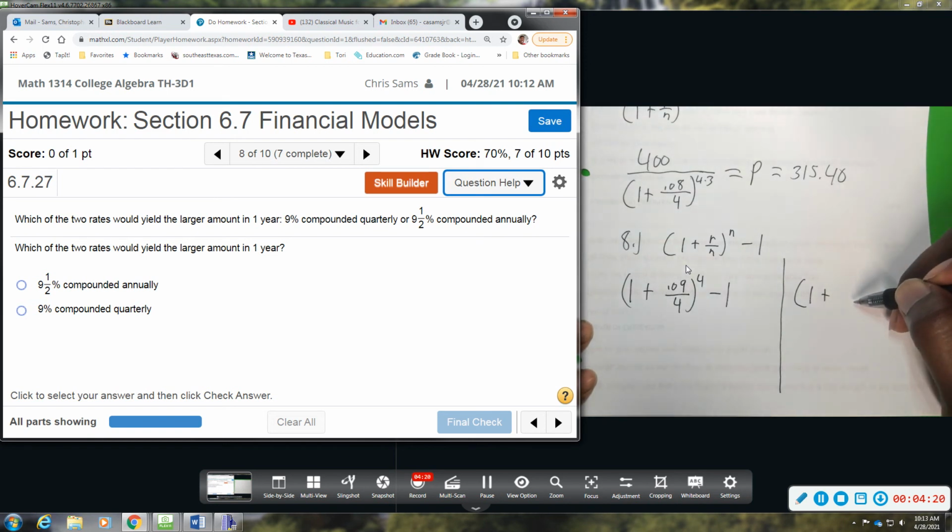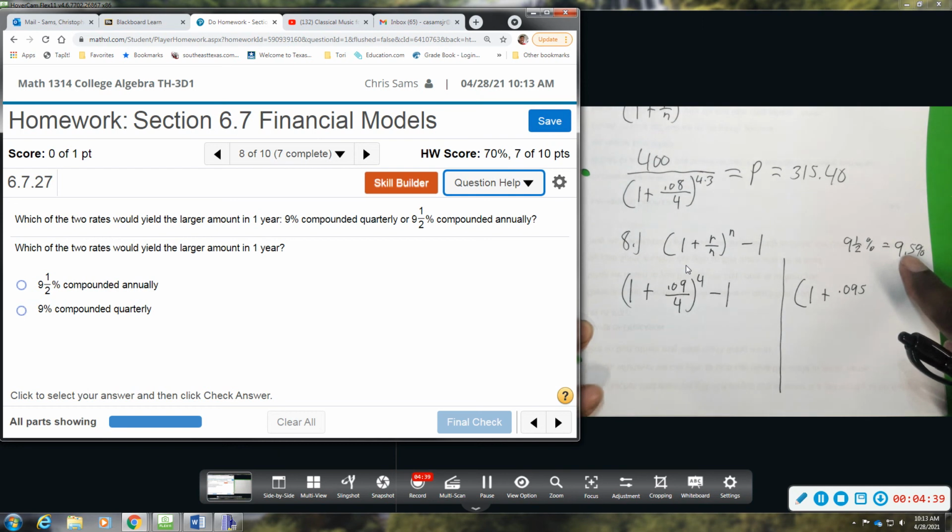1 plus, and it was 9.5, so 9.5 would be 0.095, because 9 and 1/2% in decimal percent form is 9.5%. You just do 1/2 and convert it to a decimal.